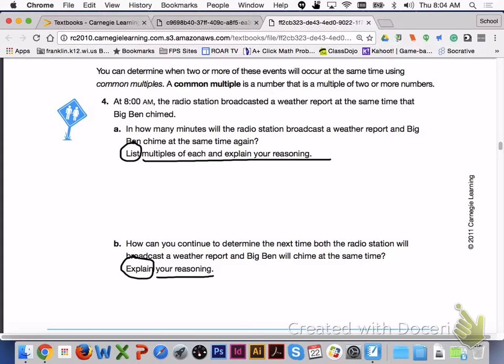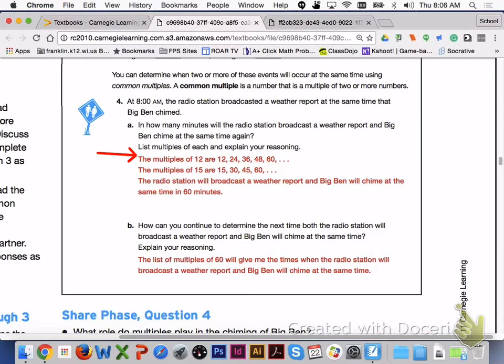Number 4 tells us at 8 a.m. the radio station broadcasted a weather report at the same time that Big Ben chimed. Answer letter A and letter B with your group members. The multiples for the radio station broadcast are 12, 24, 36, 48, 60, and so on.